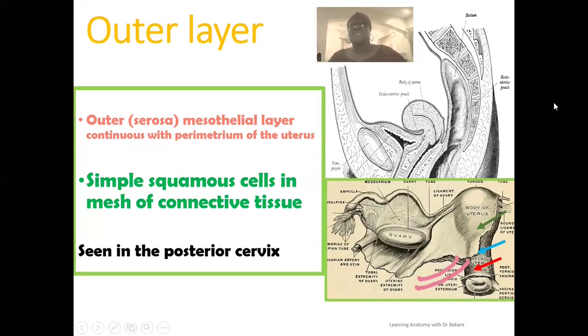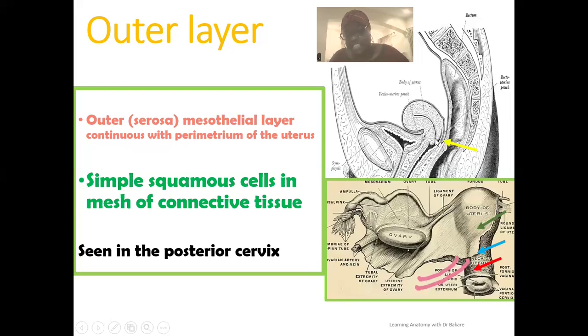So let's try and use this upper image to illustrate this. In this upper image, this is where we have the extension of the peritoneal covering here. If you go back to the anterior extension, you see that it is limited around this region where this arrow is pointing, and this is the isthmus. But if you go more posteriorly, you see that it extends further down, even up to the level where we have the vaginal fornix.